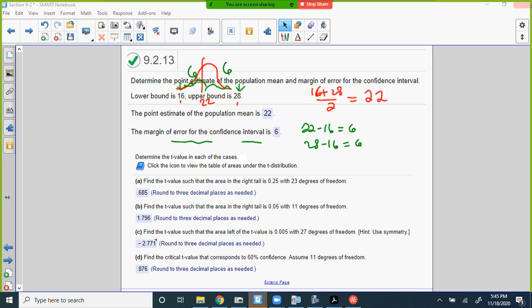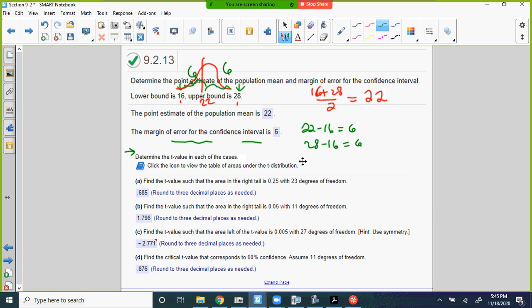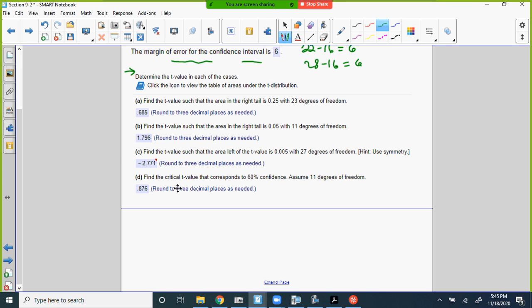All right, let's look at another problem, and it picks up right here. Determine the t-value for each of these cases, right? Find a t-value such that the area to the right is 0.25 with 23 degrees of freedom. Okay, now we're talking about the area to the right. So the area to the right would be positive.